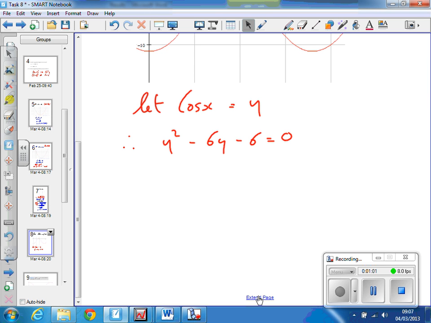I let the trigonometric term equal another letter and then work out what that y is. Once I've worked out what that y is, which we've done actually if you think about it, then with y equals cos x, once we know what y is, we can work out what x is and go back to that original equation.